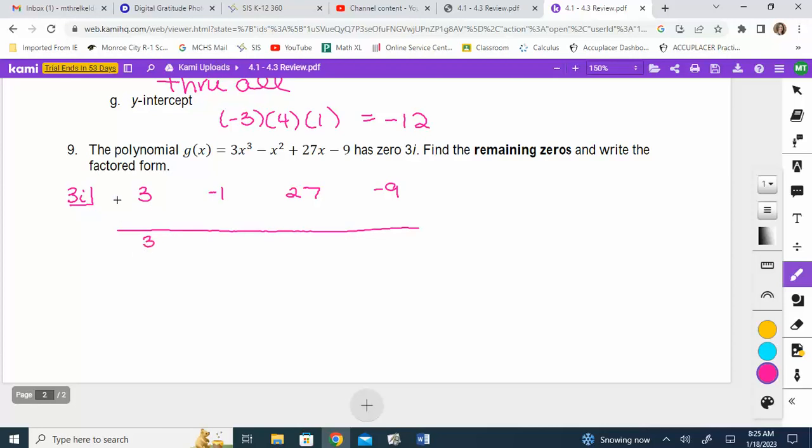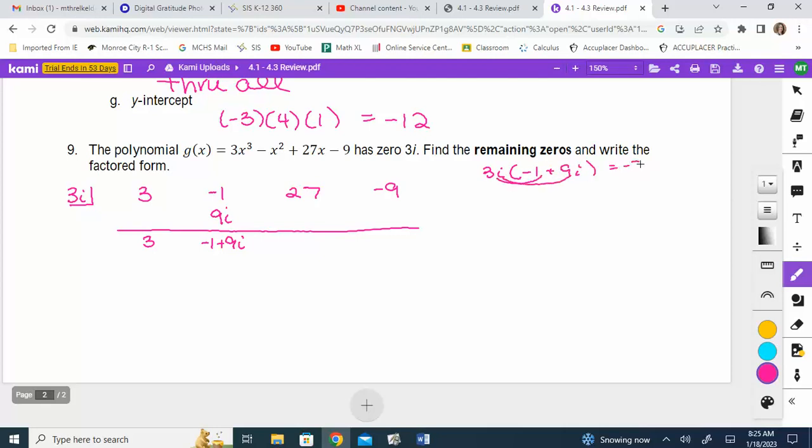So 3 comes down. 3 times 3i is 9i. So now I have negative 1 plus 9i. Now we have to multiply. We have to take 3i times the negative 1 plus 9i.